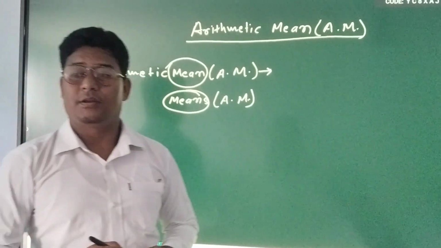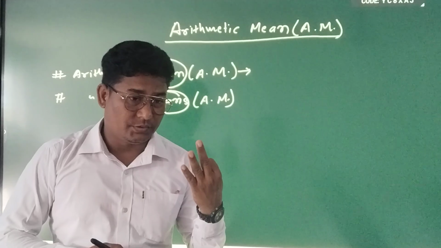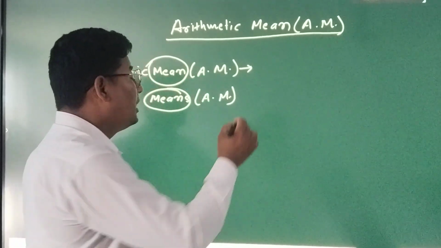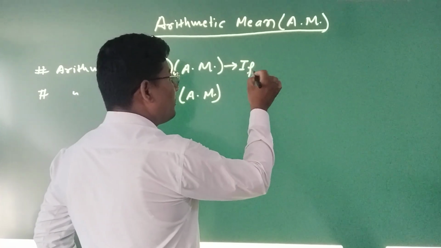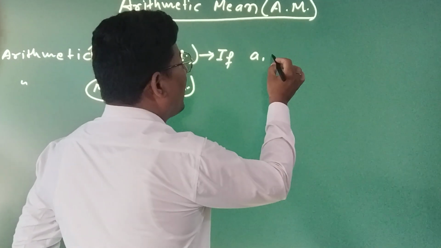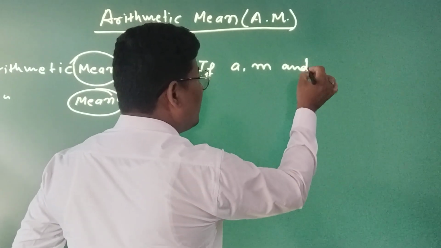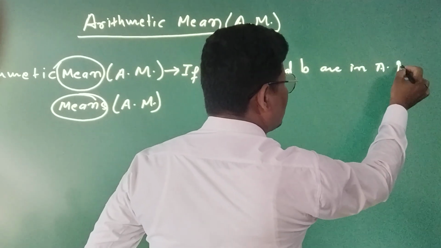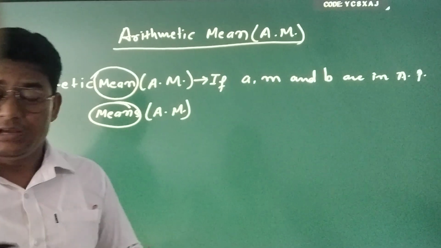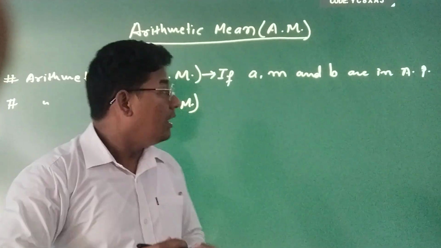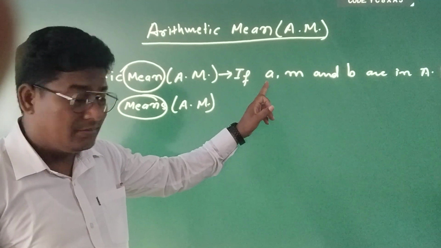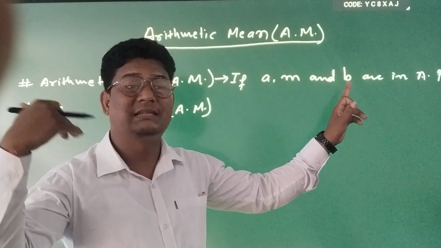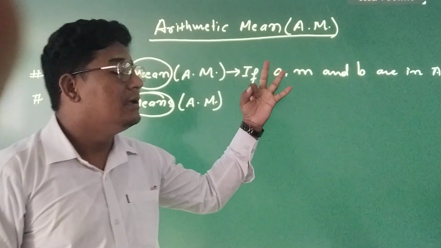This mean is calculated between three terms. If A, M and B are in arithmetic progression, where A is the first term, M is the second term, and B is the third term, or you can say last term, because there are only three terms.